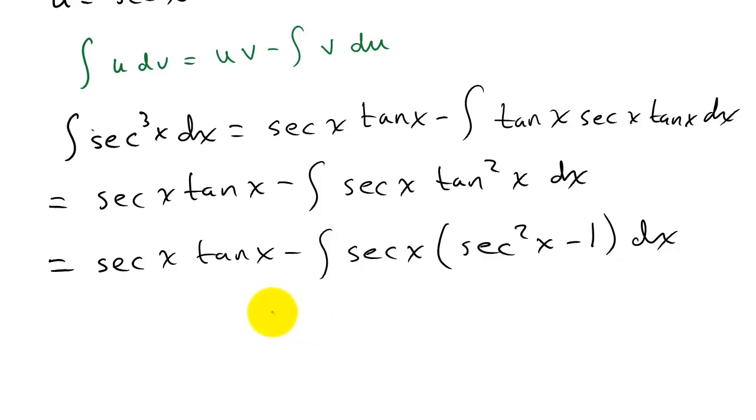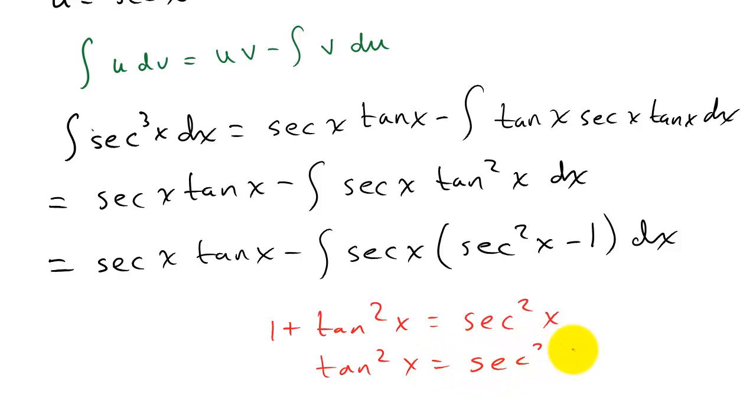Remember your rule that says 1 plus tangent squared x is equal to secant squared x, and then if we move the 1 over, we get tangent squared x equals secant squared x minus 1. And so we replace the tangent squared. See, tangent squared is secant squared x minus 1. Alright, so let me get rid of this.